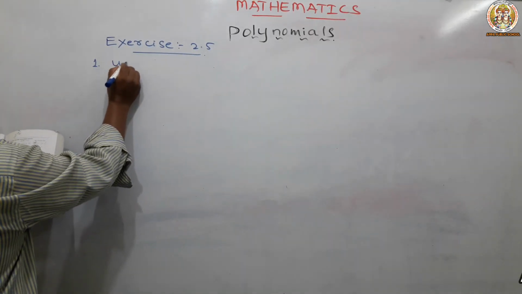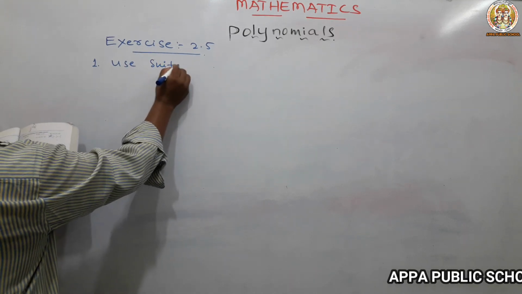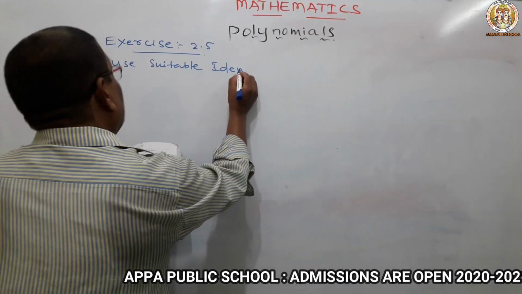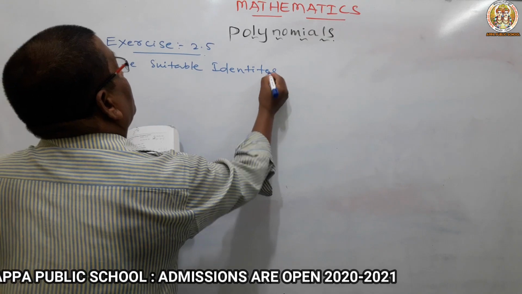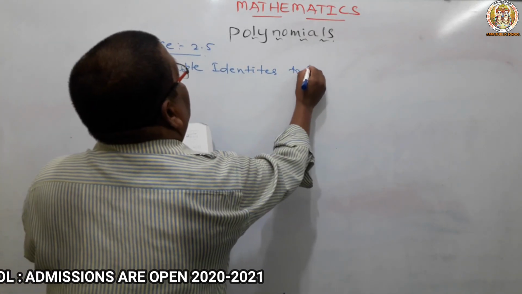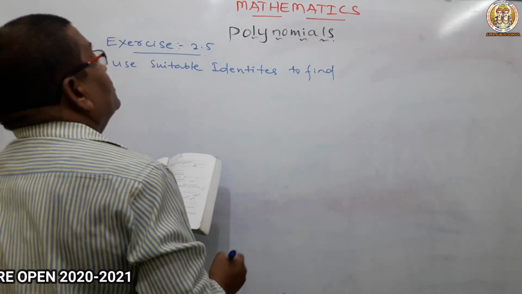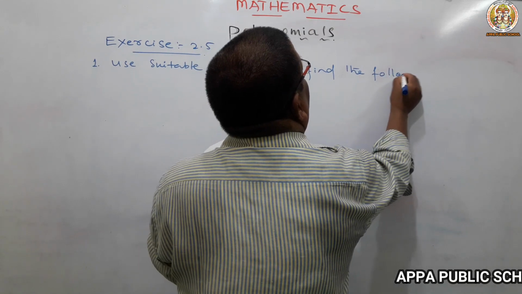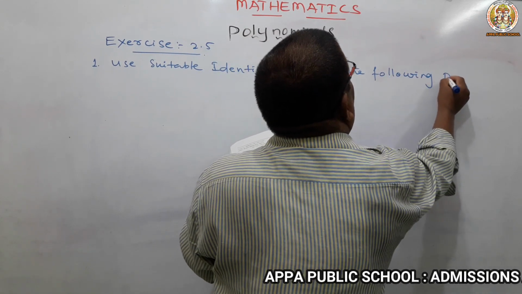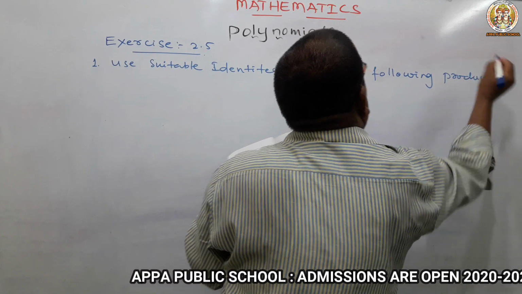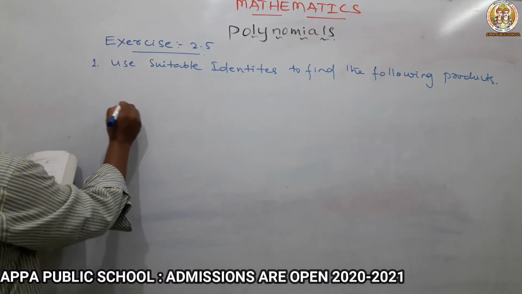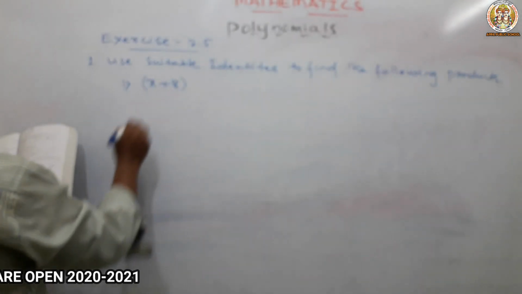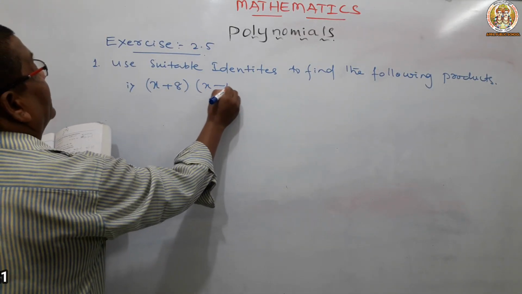We need to use a suitable identity. I took one sum, x plus 8 into x minus 10.